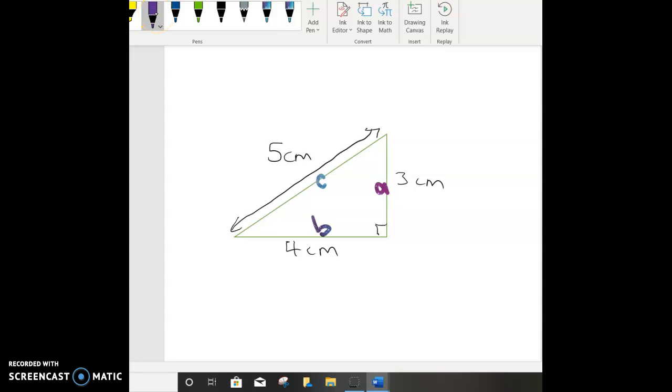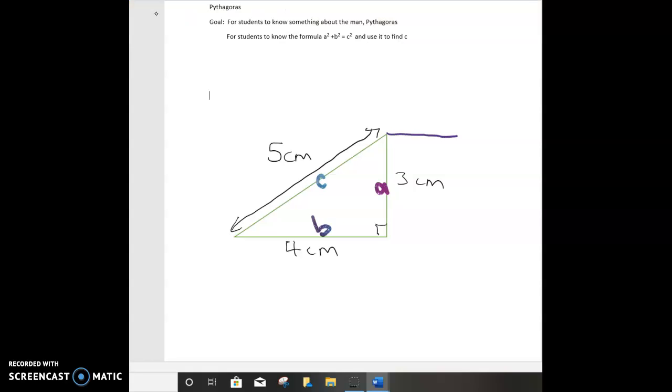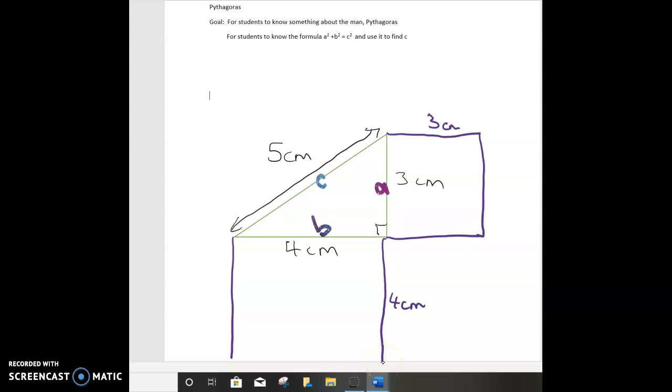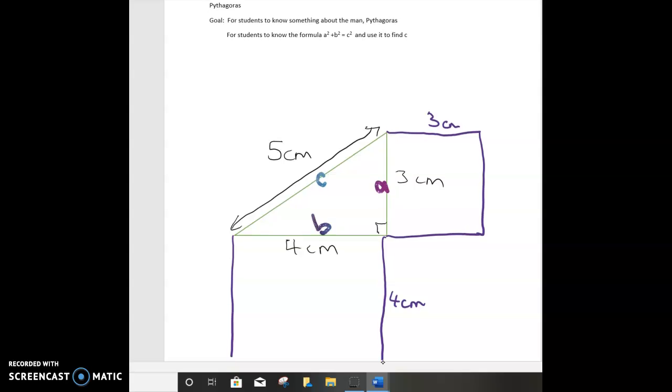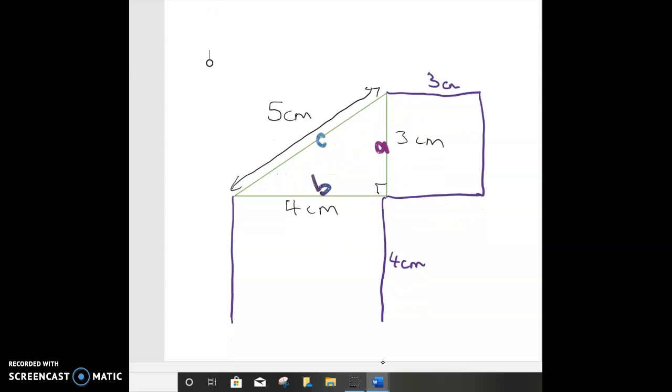Okay, and I'll say to them, the next step that I want them to do is to very carefully, with a ruler again, measure 3 centimetres there, 3 centimetres there, connect it up, that should also be 3 centimetres, and create a square. I would ask them to do the same on this side. Draw a square that is 4 centimetres by 4 centimetres, making sure that it really is square using their rulers.